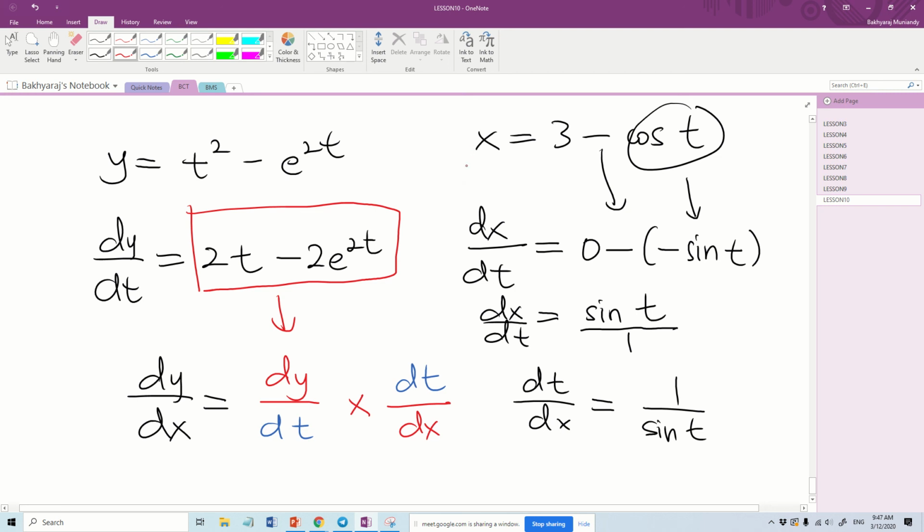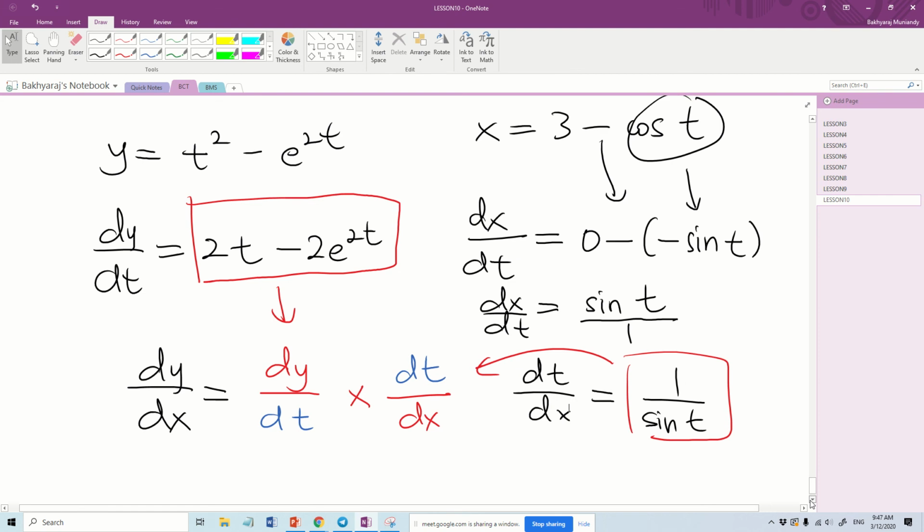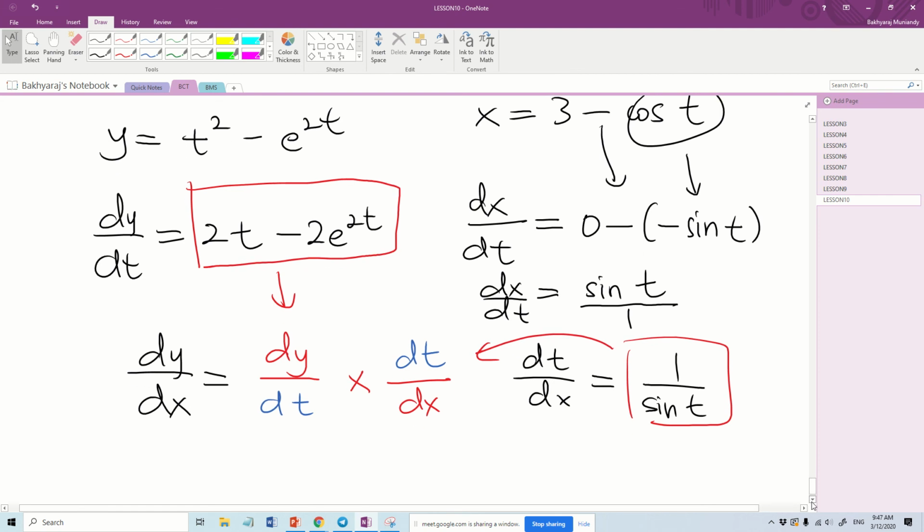Now I think you can put the answers into the formula. It will be equal to 2t minus 2 exponent 2t, times, yeah, correct, 1 over sin t.